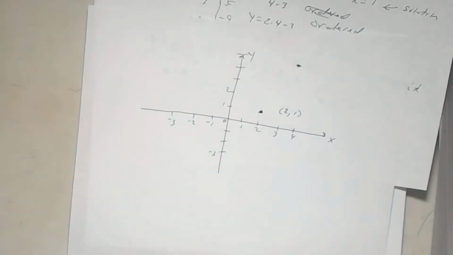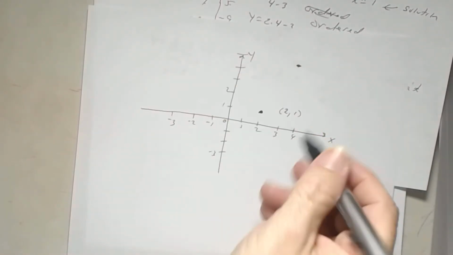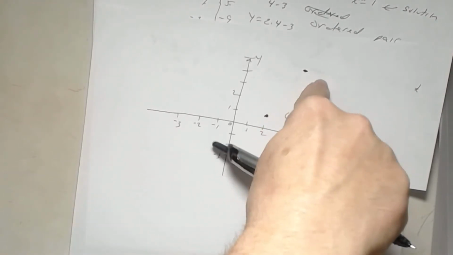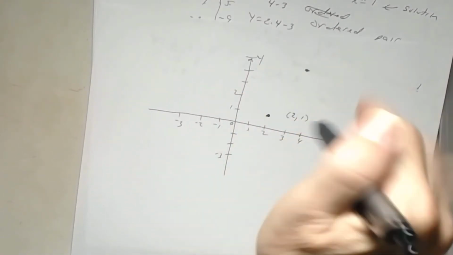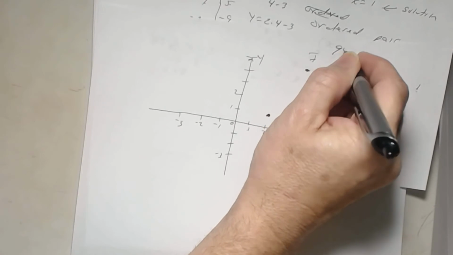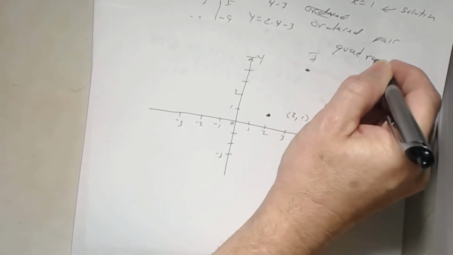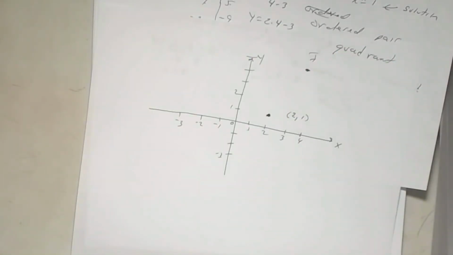Quad meaning 4, right? And we named them counterclockwise. So we start here, the upper right. The word quadrant, Q-U-A-D-R-A-N-T. That's also going to be in that video 12 for 10.1.